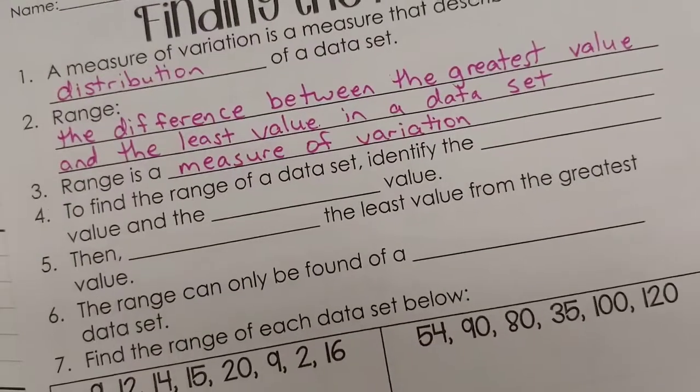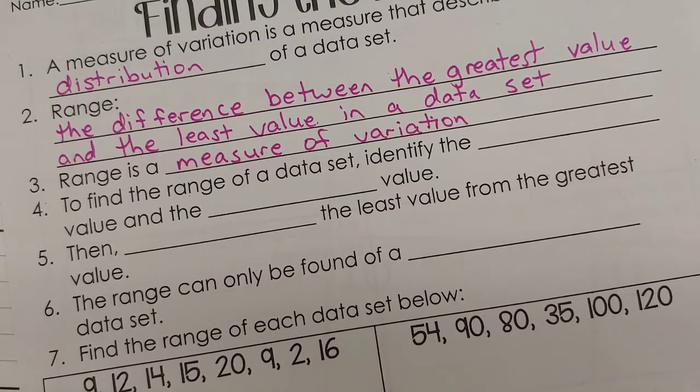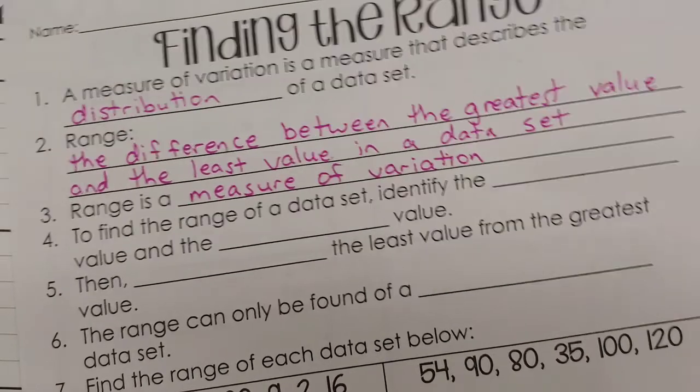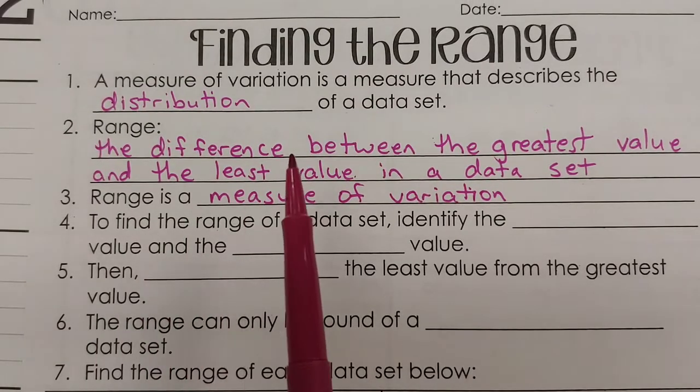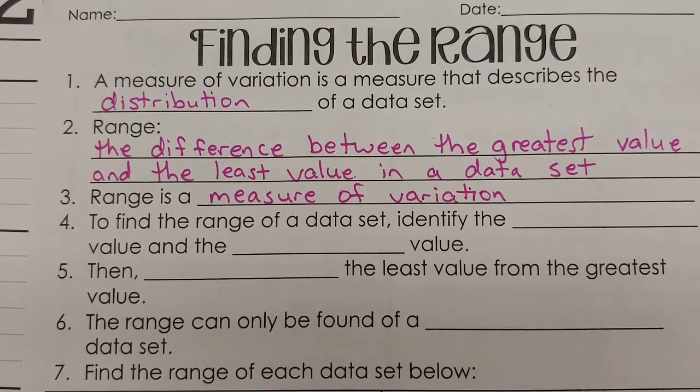And we said a measure of variation is the measure that describes the distribution of a data set. So how things are laid out.